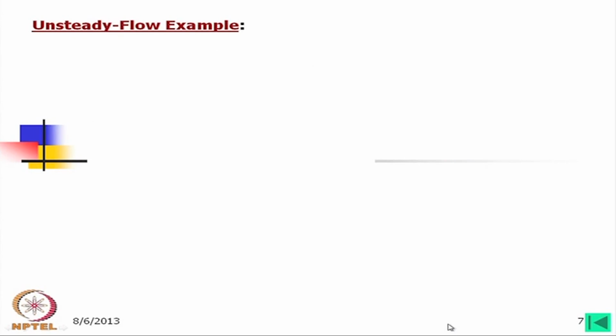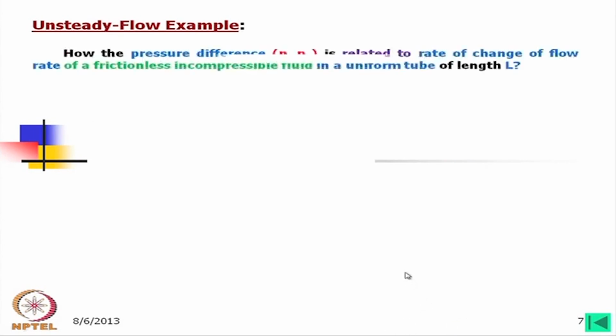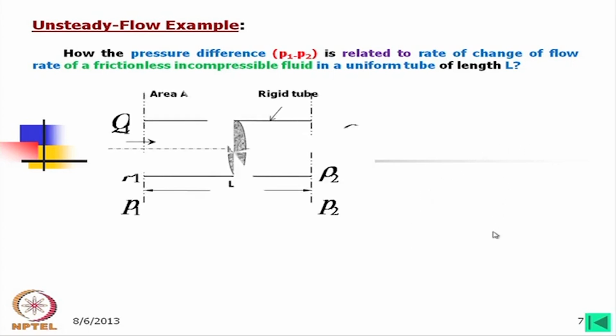Now, unsteady flow example. How the pressure difference P1 minus P2 is related to rate of change of flow rate of a frictionless incompressible fluid in a uniform tube of length L. We have considered a circular tube, and we have taken a segment of length L. This is of uniform cross sectional area A, and the tube is also rigid.